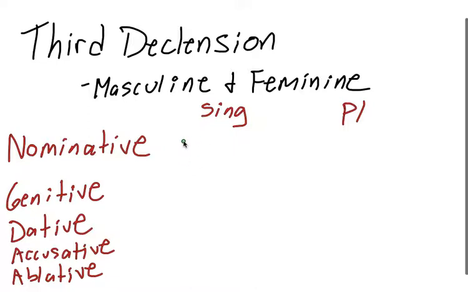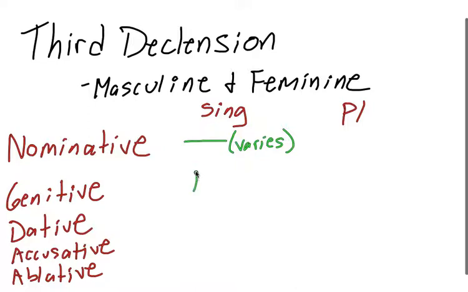Okay, so the nominative, I'm drawing a line through it, or we could put in parentheses, it varies. There are so many different nominative possibilities for third declension that it's really kind of pointless to try and memorize them all right now. So in the chart we're just going to say that it varies. The nominative is whatever it is.